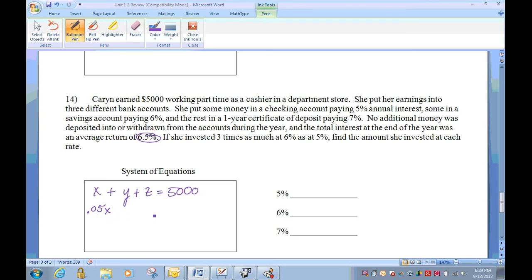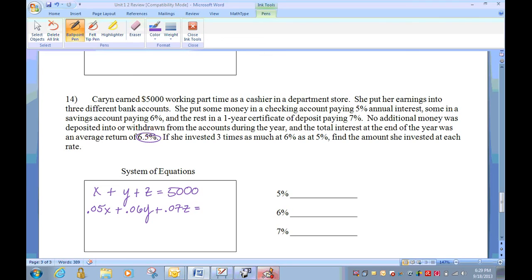So that's going to give us the amount of interest she earns on that specific account, plus the 6% interest she earns on the savings account, plus the 7% interest that she earns on the 1-year certificate of deposit account. And she wants her total interest to be a 6.5% return on her investment.